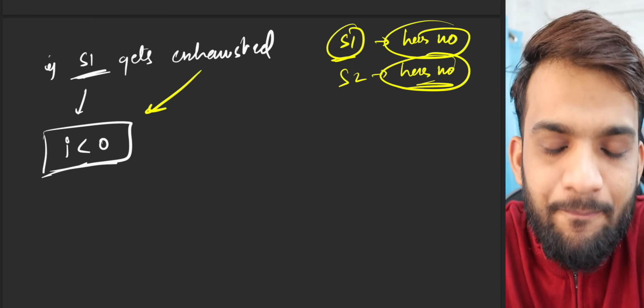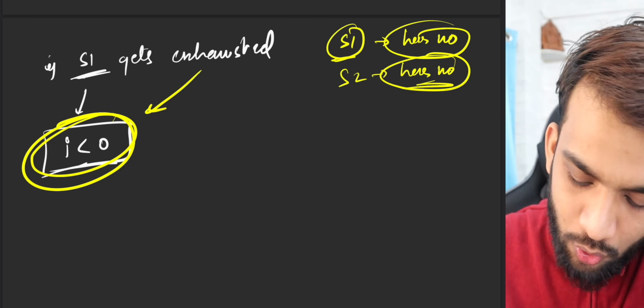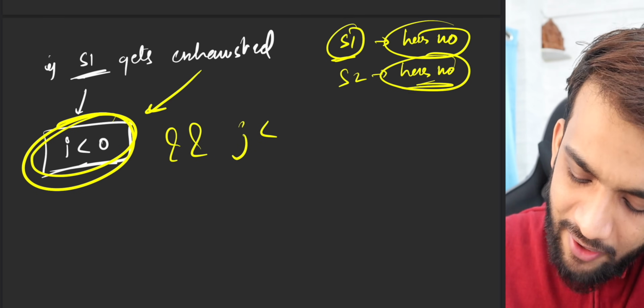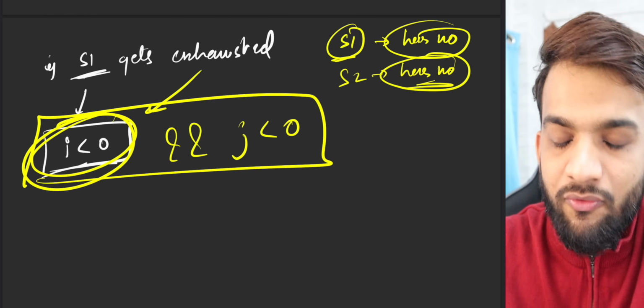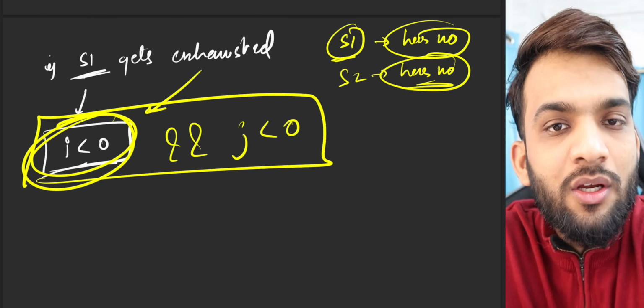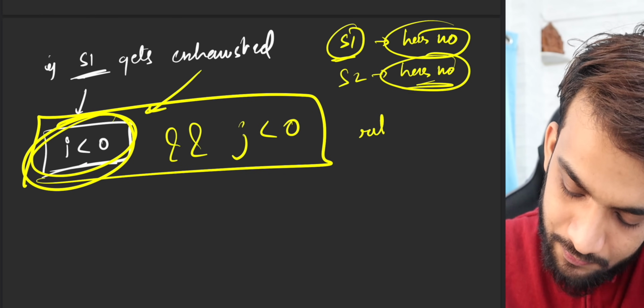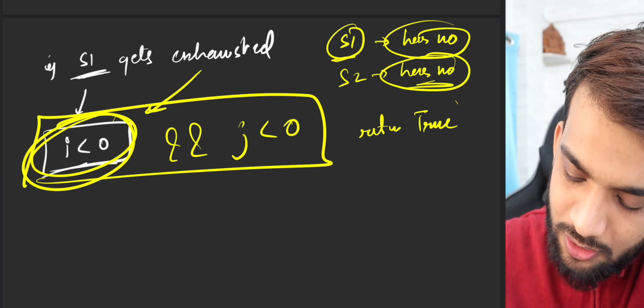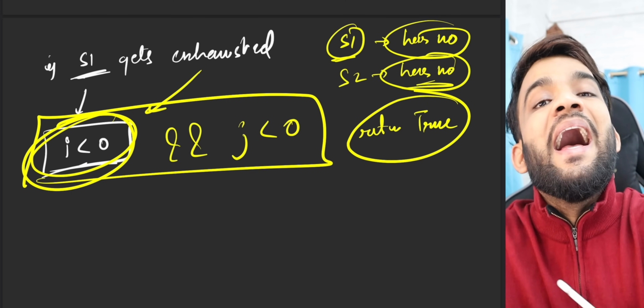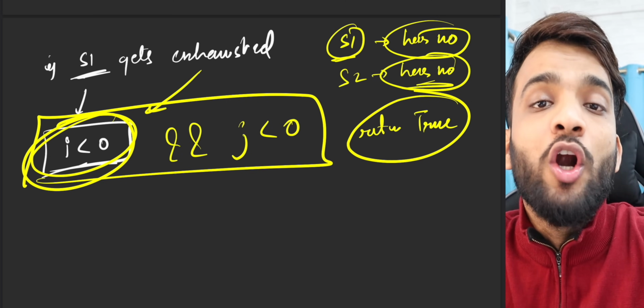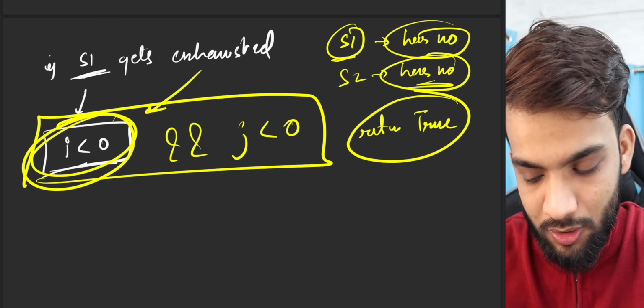So can I say if i is less than 0, then the other string would have to be exhausted as well for the comparison to be true? Make sense? Both of them have to be exhausted in order for the comparison to be successful.